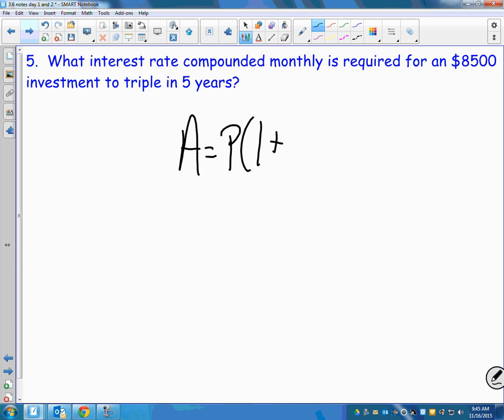I really don't think I even need to give you this formula, but I do. Because I feel like if you write this enough that you just know it.